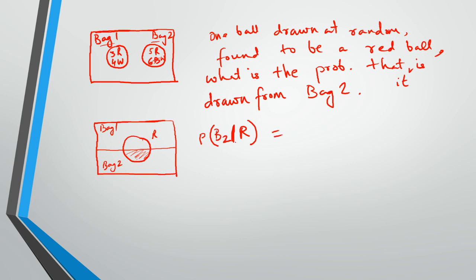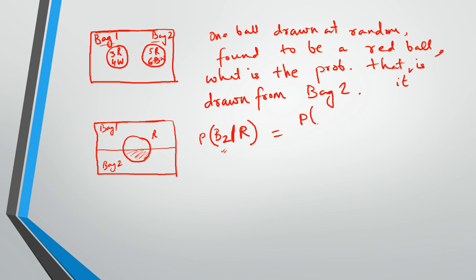So first we will find this probability. You see, we don't know what is B2 given R, but we know what is R given B2, right? So we will use Bayes theorem. This part can be written as R intersection B2, which can be written as R given B2 times B2.